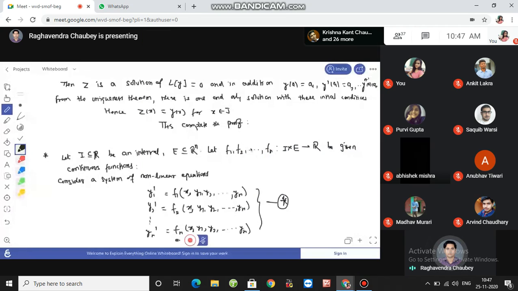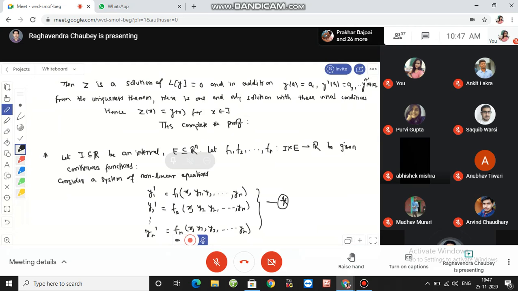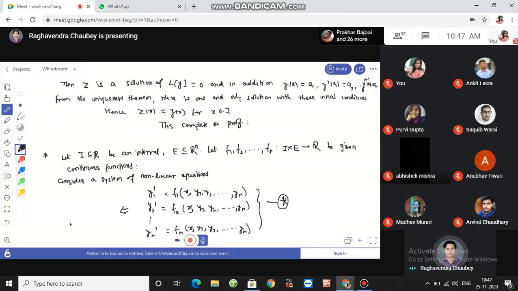So the system of equations star can be written in vector form as y prime equals f(x, y), where y prime means the vector form.